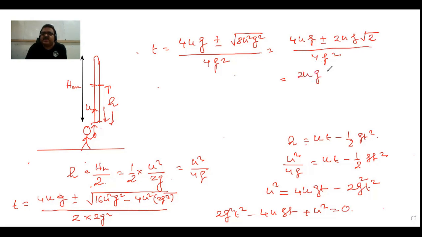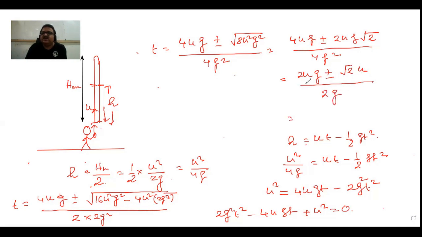So the answer will be 2u plus minus root 2u divided by 2g.